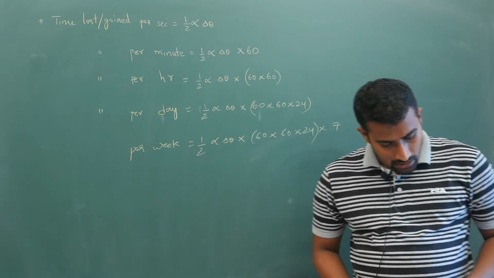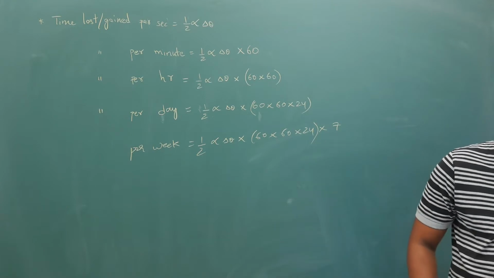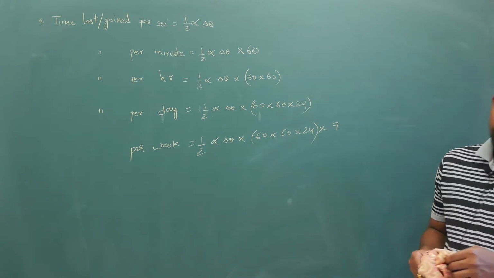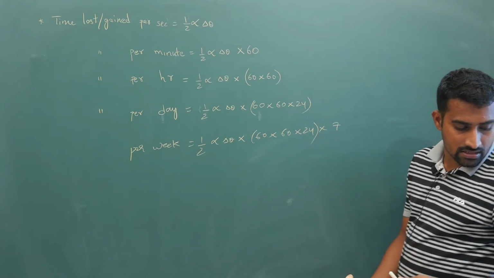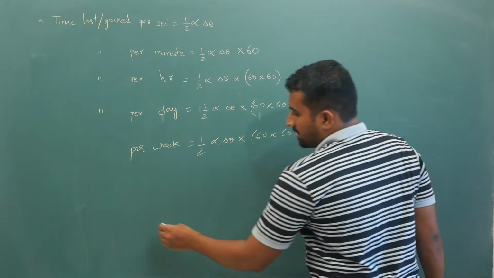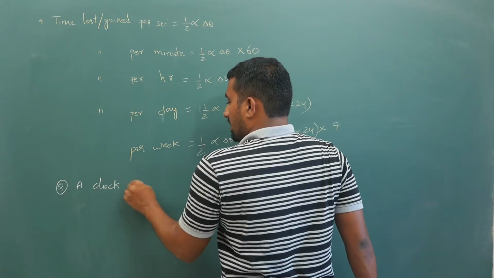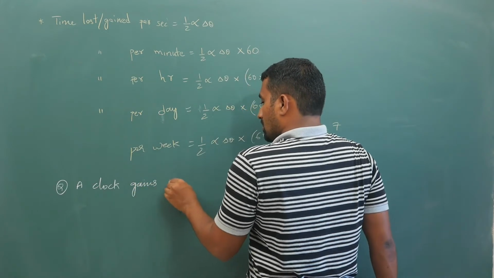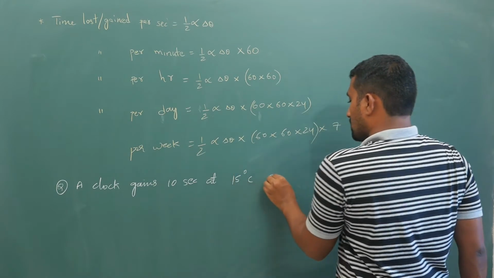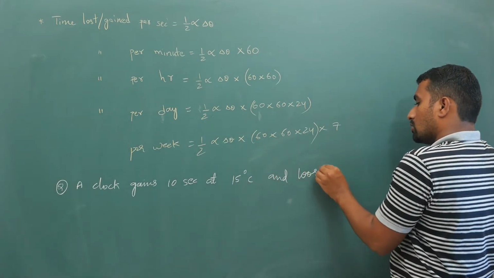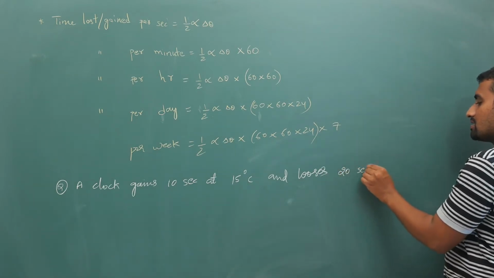Right. Now, based on this, a simple question. A clock gains 10 seconds at 15 degrees centigrade and loses 20 seconds at 45 degrees centigrade.